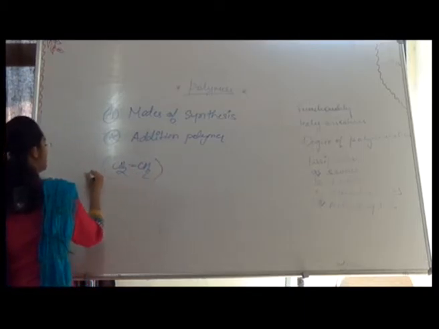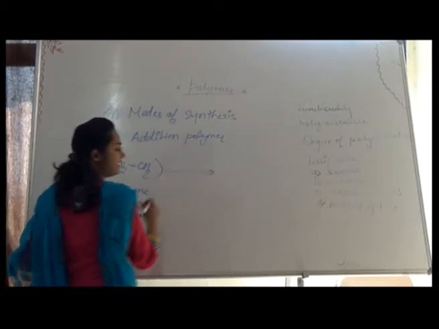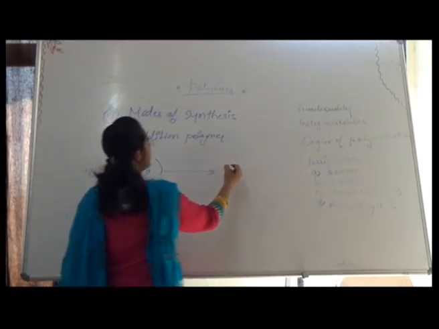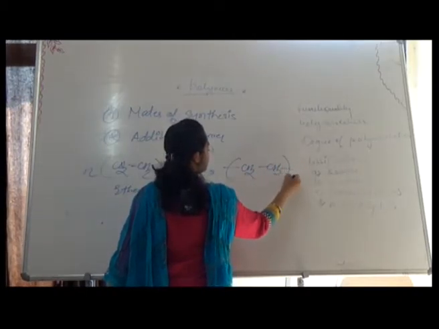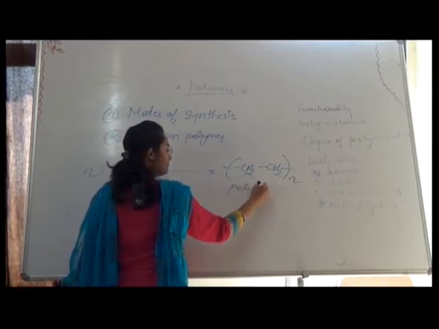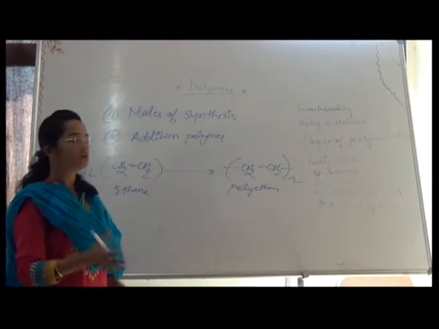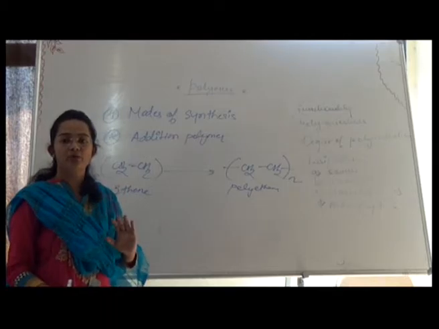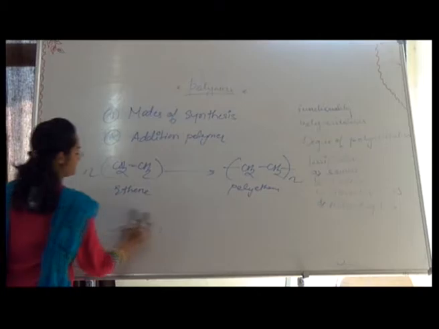Example, polyethene: ethene is a monomer, and addition of several ethene monomers together will give you a polymer. This kind of polymer is formed by a step where there is no elimination of a byproduct; at that time we say that it is an addition polymer.